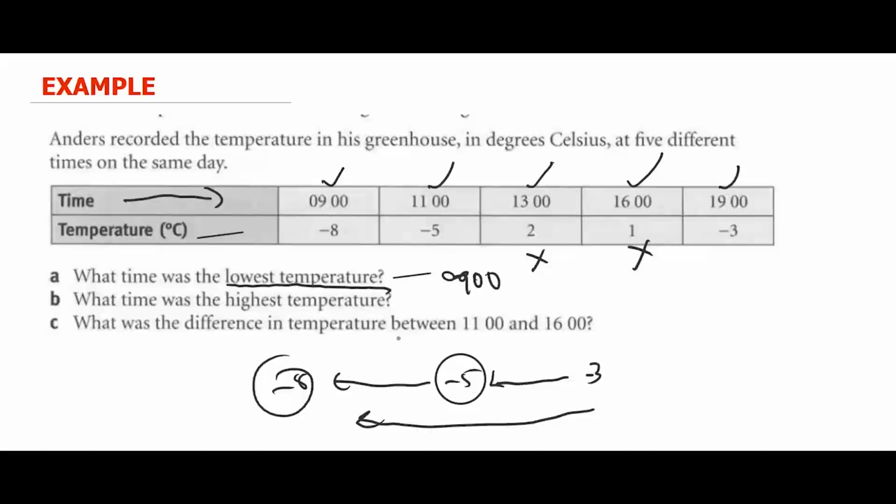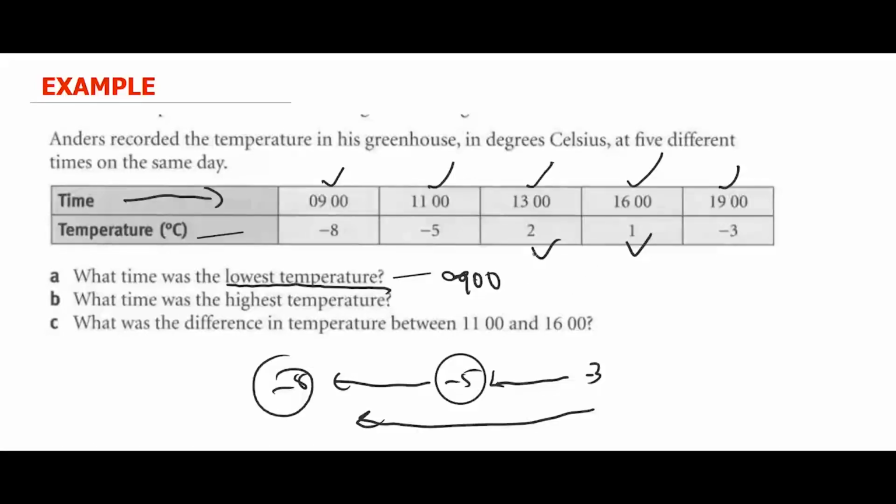So the second part of the question is, what time was the highest temperature? Of course, the highest temperature can never be in the negative integers. So it is between 2 and 1 because they are the positive integers, and you already know that positive integers are always greater than the negative integers.